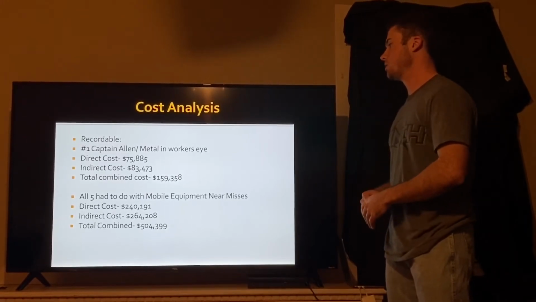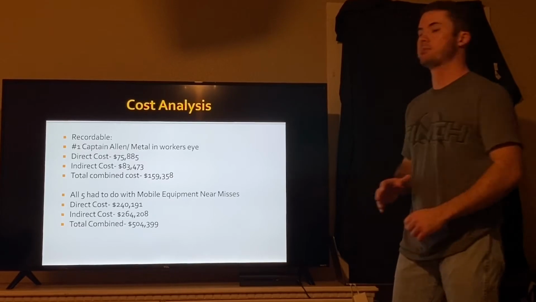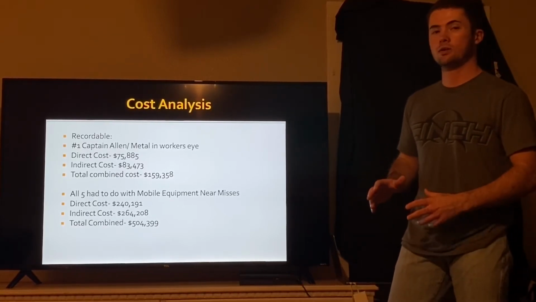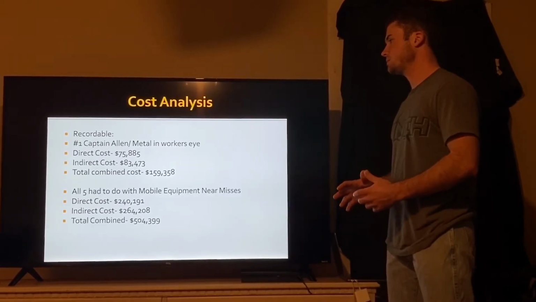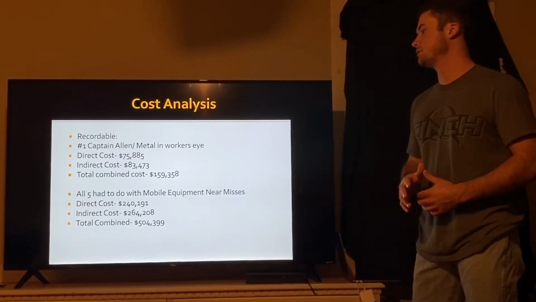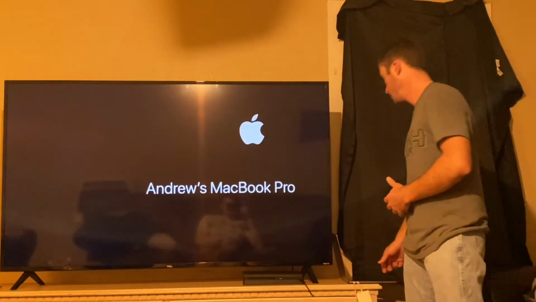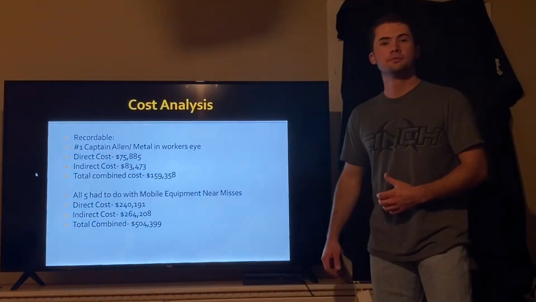All in all, that justifies the reasoning for having a safety person on the job, or more than one. That should justify in the eyes of the employer, Brown LLC, that we should have a safety person or more than one safety person.